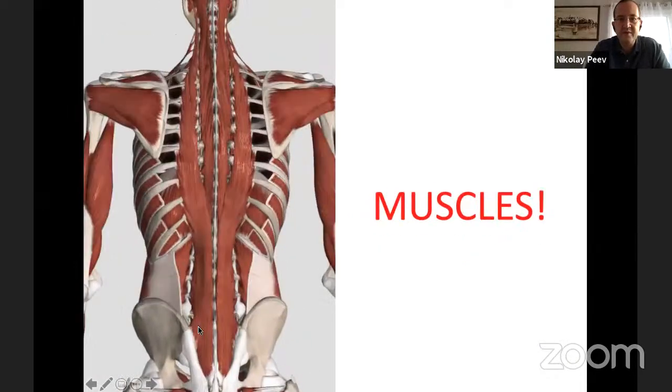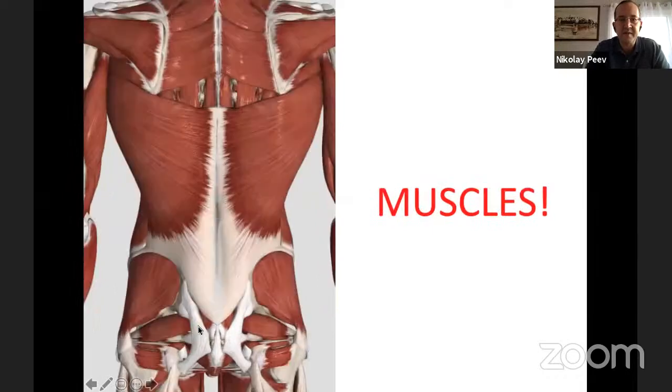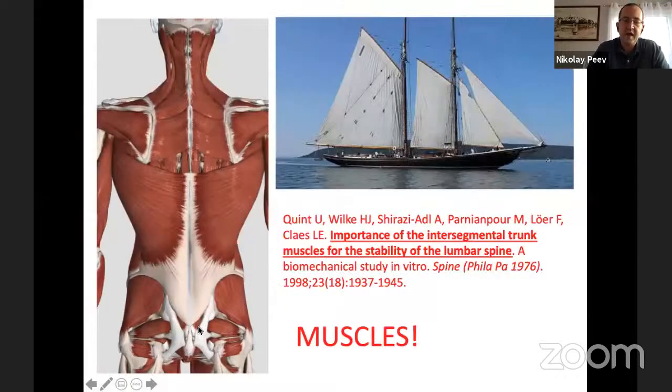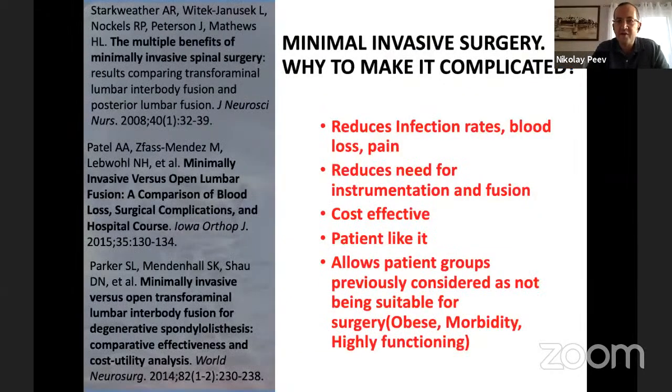As you can see from these anatomical slides, there are multiple layers of muscles around your spine, the so-called core muscles, which are very important for the functioning of the spine. That's why we have to pay the necessary respect to these muscles, and that's why we developed minimal invasive surgery.